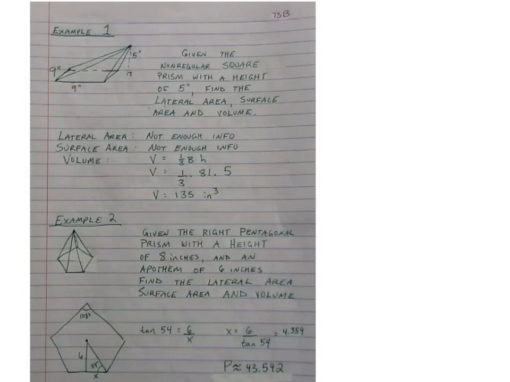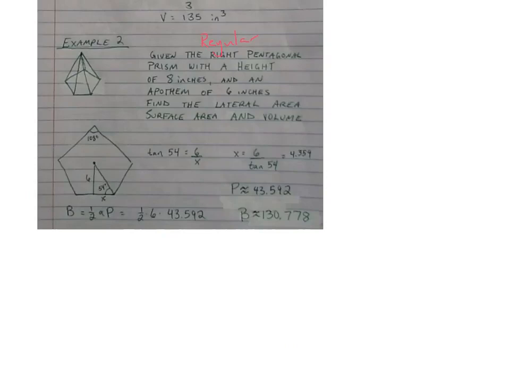In example 2, we're given the right pentagonal pyramid, and really, more accurately, we'll call it a regular pentagonal pyramid with a height of 8 inches and an apothem of 6 inches. And we need to find the lateral area, surface area, and volume. This problem gives us the added bonus of practicing finding the area of a regular polygon.